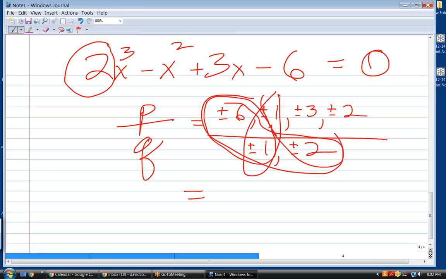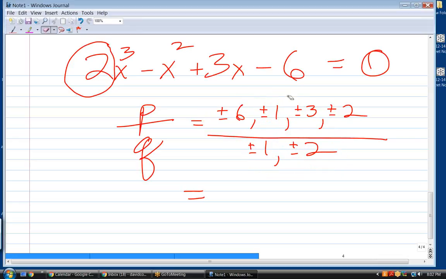What's the first one? 6, plus or minus. There's one possible rational factor. What's another one? Just do them in order. 3. In other words, start with that and put it over both of these. So plus or minus 3.